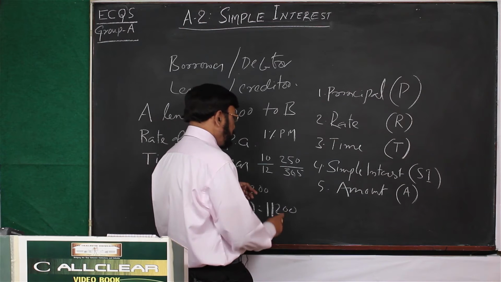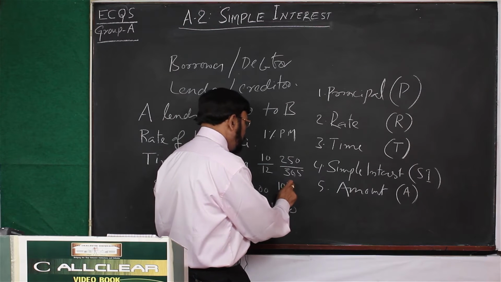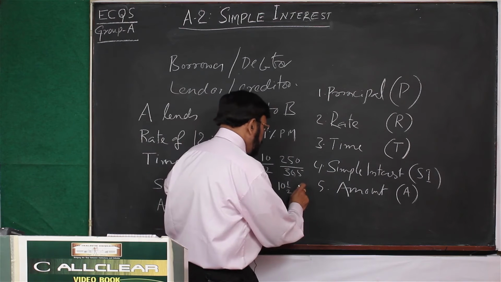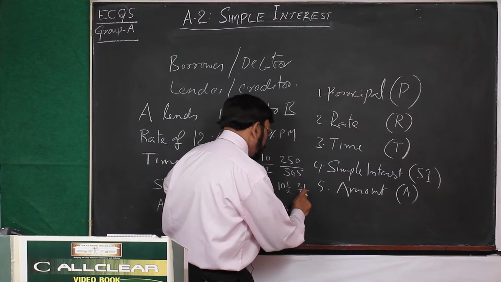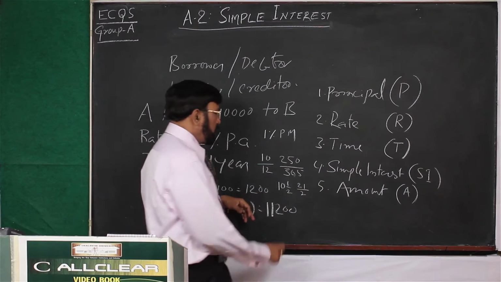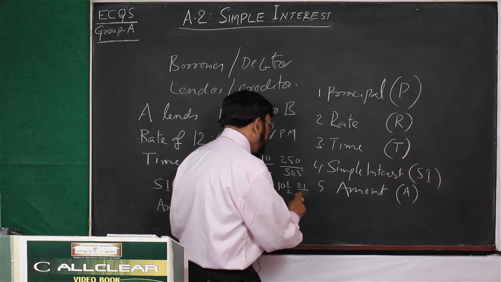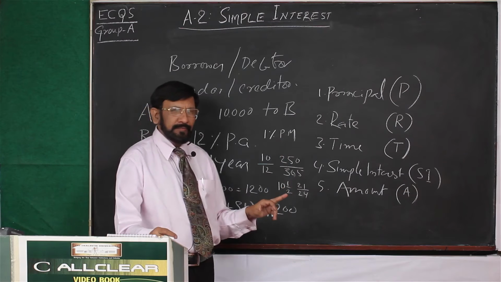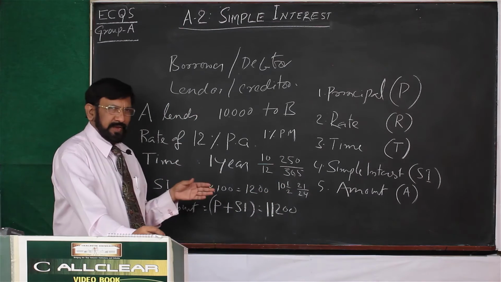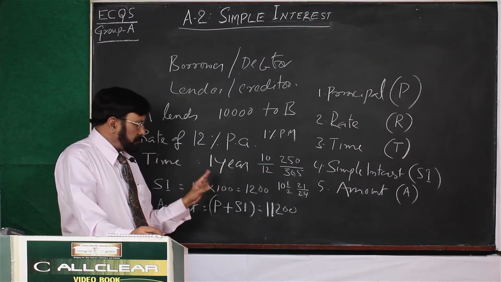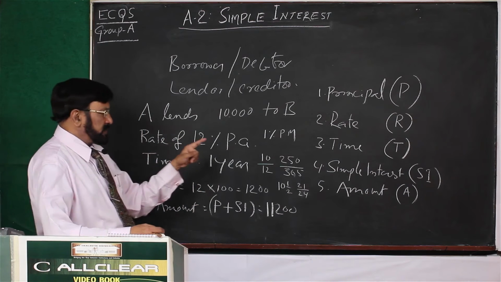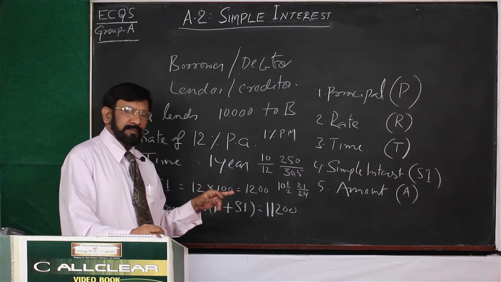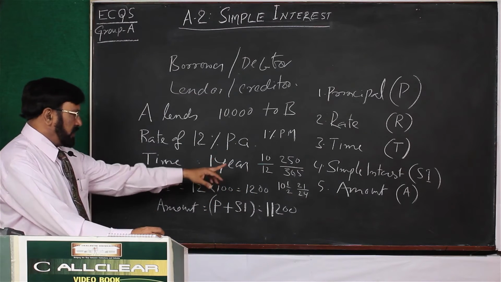Sometimes 10 and a half months. 10 and a half months is nothing but 21 by 2 by 12, that is 21 by 24. In this manner, whatever time is given, if it is given in years straightly, there is no problem. Otherwise, if it is given either in months or in days, we have to convert them into years according to this formula.